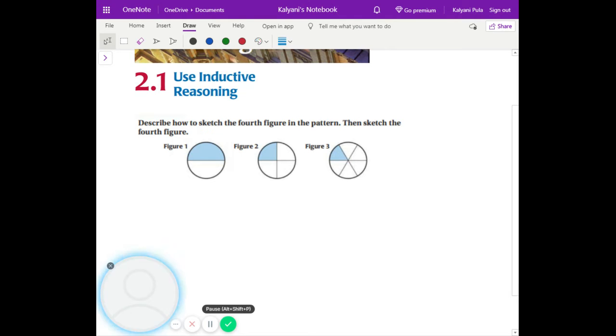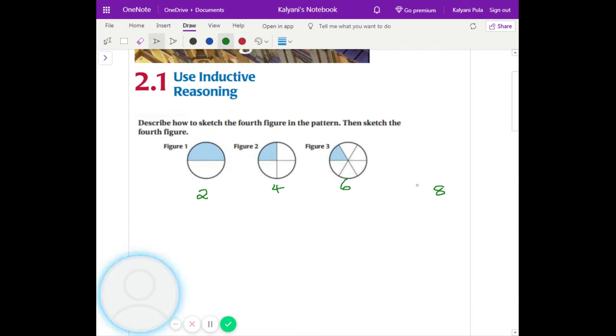So figure 1 has the total pieces, and you always have to add 2, and it's basically all even numbers. The number of pieces, like they cut it into pieces: 2, 4, 6, and the next one has to be cut into 8 parts.